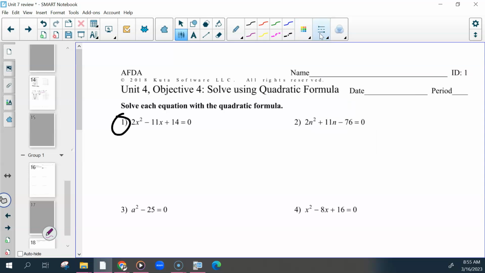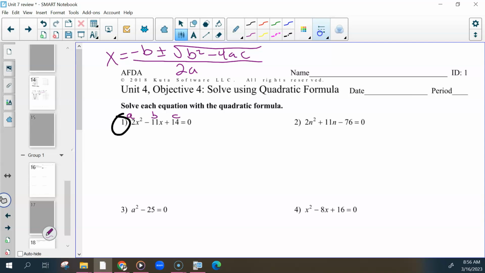So we'll need the formula x equals negative b plus or minus the square root of b squared minus 4ac all over 2a. Label your a, b, and c values.